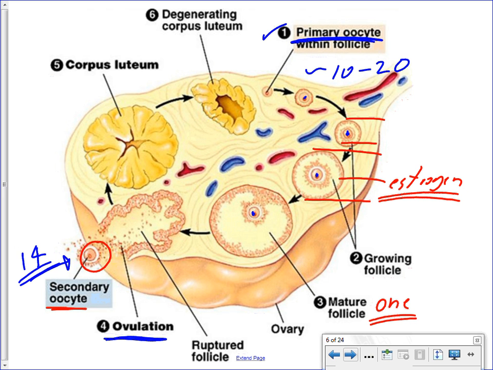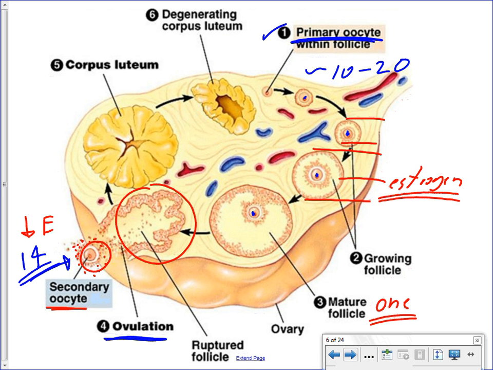After it is released, those fimbriae at the ovarian end of the fallopian tube should draw it into the fallopian tube. What remains behind are still a whole bunch of follicular cells. There will be some that are lost along the way, and we can kind of see that in the picture here. So as those follicular cells are lost, the amount of estrogen that is produced is going to go down.